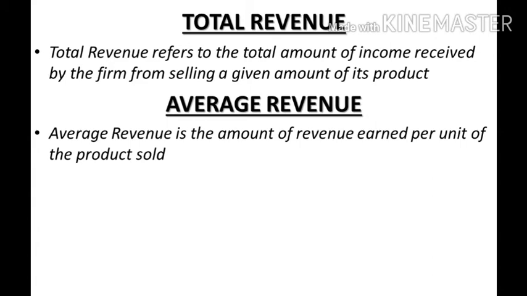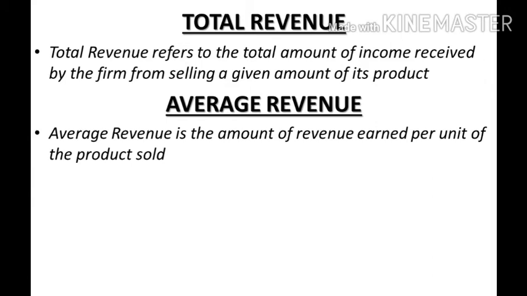In our example, when total revenue is equal to 300, received from selling 15 units of the product at 20 each, the average revenue will be ₹20, that is 300 divided by 15, equal to 20.